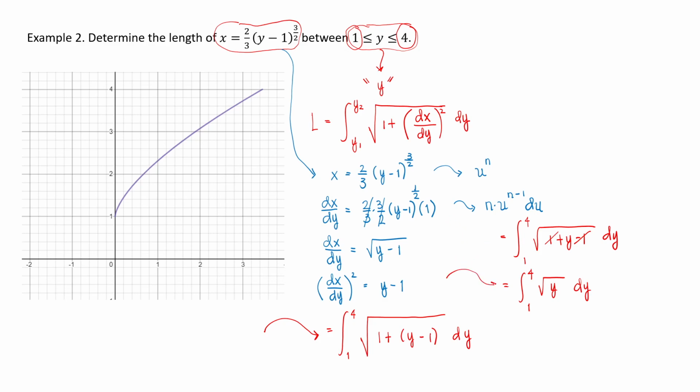So you can also plug this one in the calculator. The length is equal to 4.67. In fraction form, that's 14/3. Then decimal is 4.67, then units.